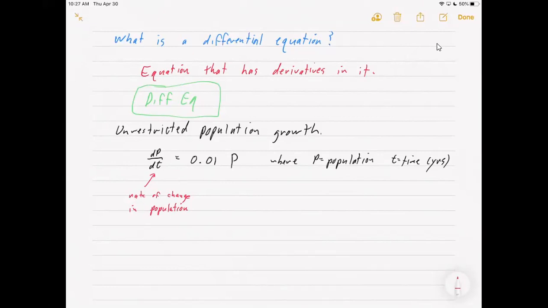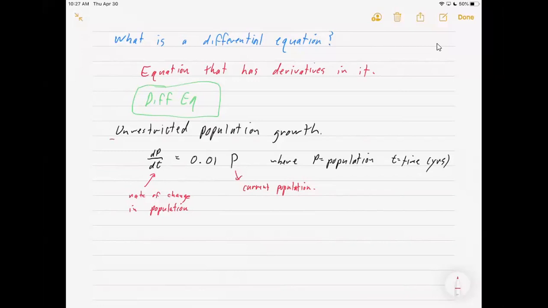Whereas if p were 10 million, you see the dp dt would be bigger. Okay, so p is the current population. So if you have 1 million people, you're more likely to have more babies than if you had, say, 1,000 people. So the rate at which the population is growing depends on the population itself.